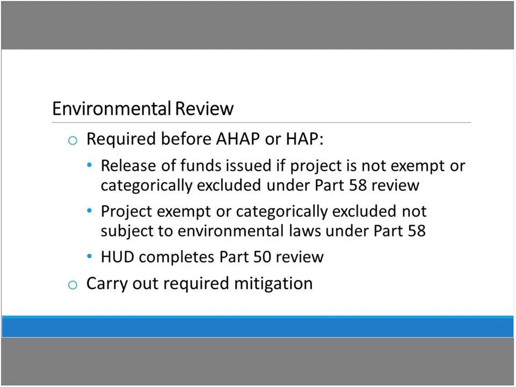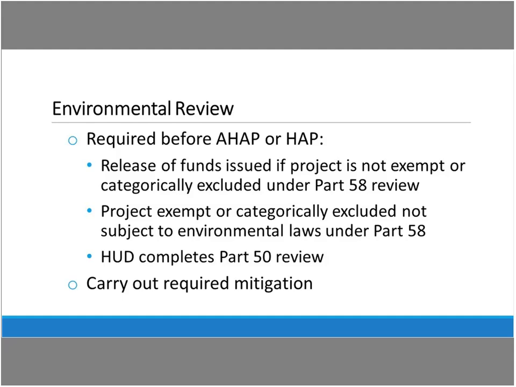Right now we're conceptually deeper into the development phase because we're talking about entering into a HAP agreement between the housing authority and the owner. Much earlier in the process, we were talking about how we get HUD's approval for a Section 18 disposition, and that a Part 58 environmental review is an element of that Section 18 application.